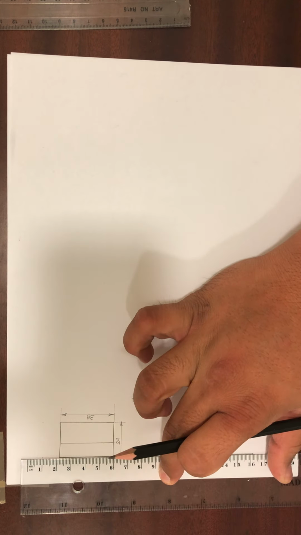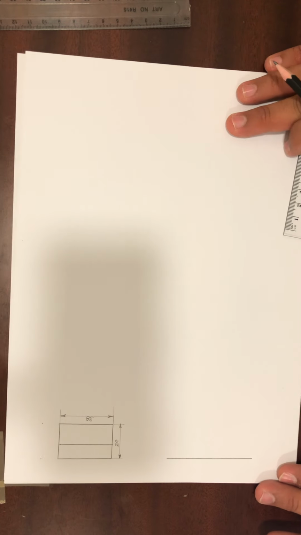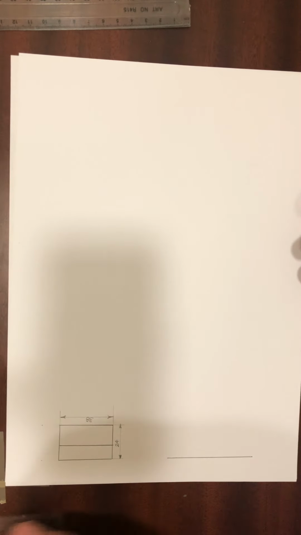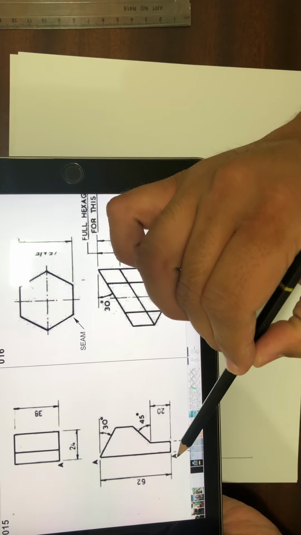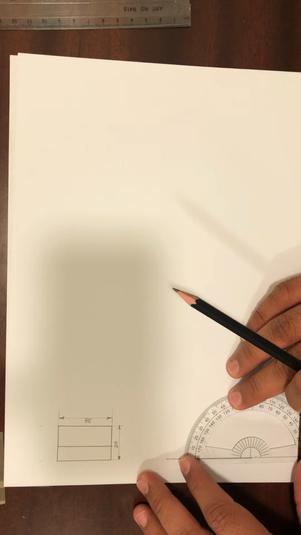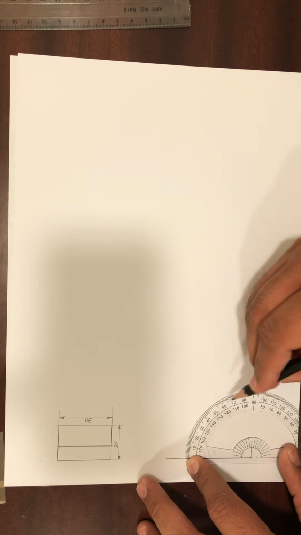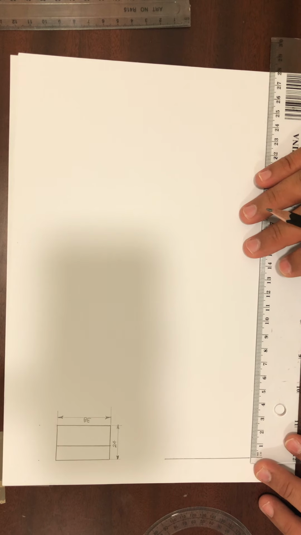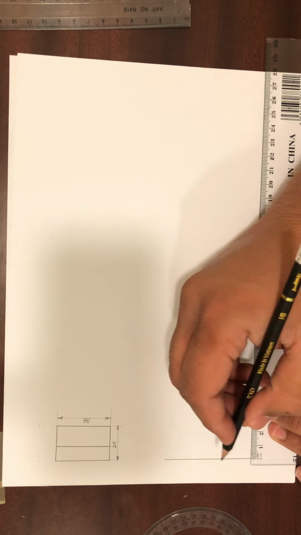Now after drawing this, we have drawn this part, which is 62. Now from here, right side how much? 10. So before going right side, again make sure that it is perpendicular. So mark 90 degrees here and keep the scale like this. Okay, keep the scale like this and draw 10.